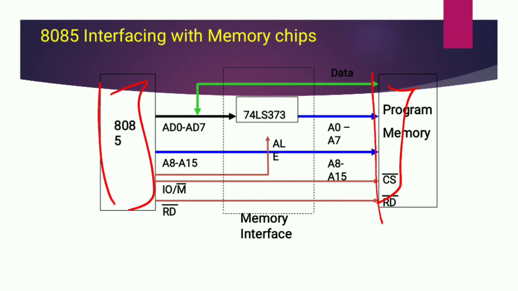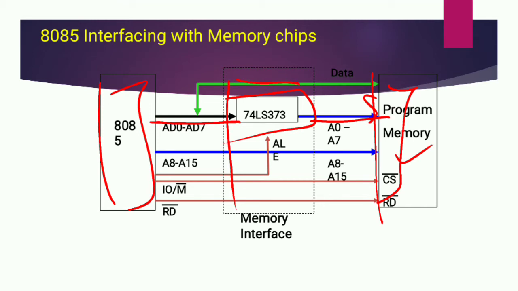The address of a memory location or an I/O device is sent out by the microprocessor. The corresponding memory chip or I/O device is selected by a decoding circuit. This is the decoding circuit.